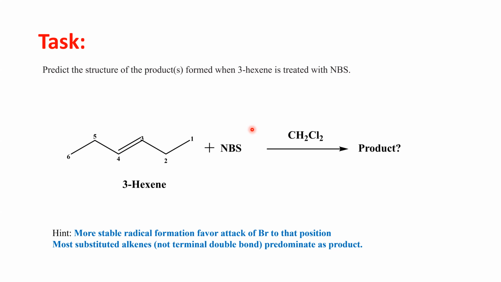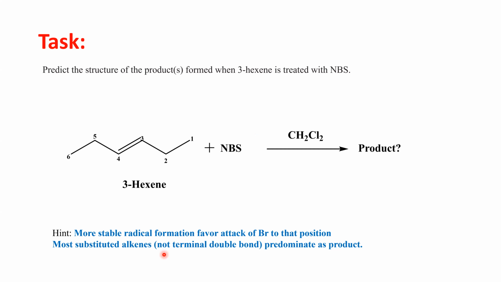So now the task is this: if I gave you 3-hexene as a starting material or hydrocarbon, and it is treated with NBS, and obviously in the same way there will be a light-induced reaction in the solvent system, which is dichloromethane, you have to predict what are the possible product or products formed when 3-hexene is treated with NBS.